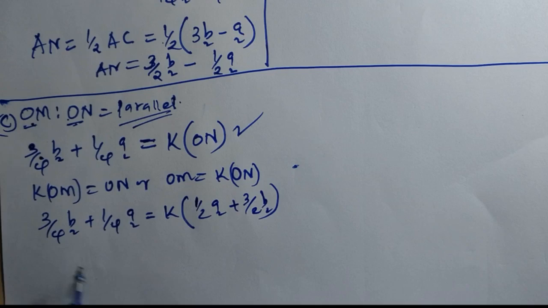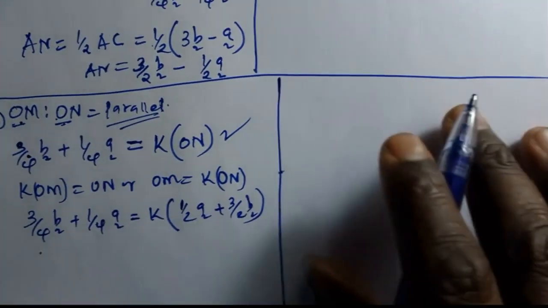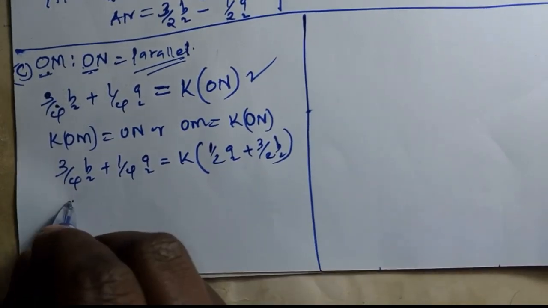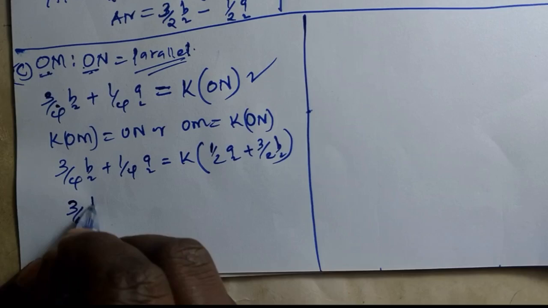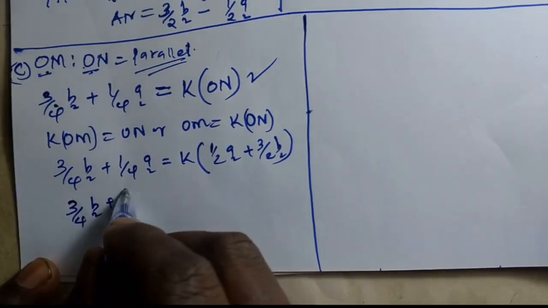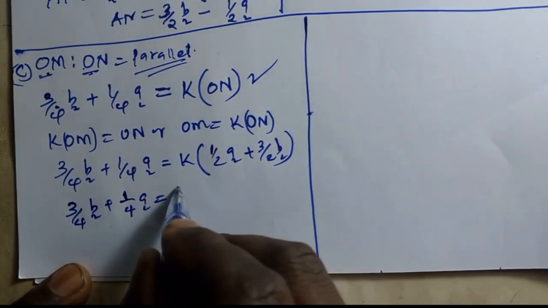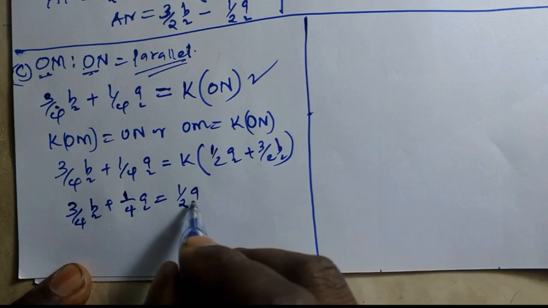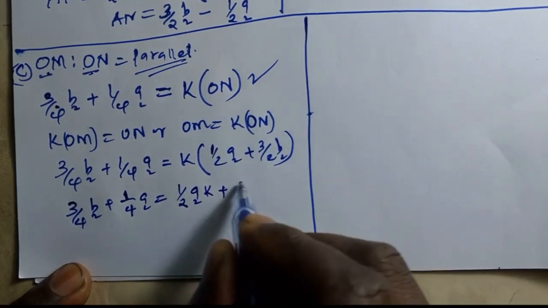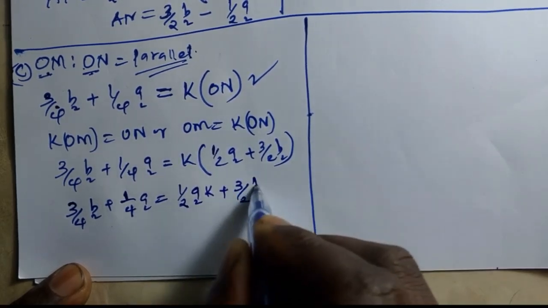Now 3 over 4 vector B plus 1 over 4 A is equal, let us open this one, to a half Ak plus 3 over 2Bk.